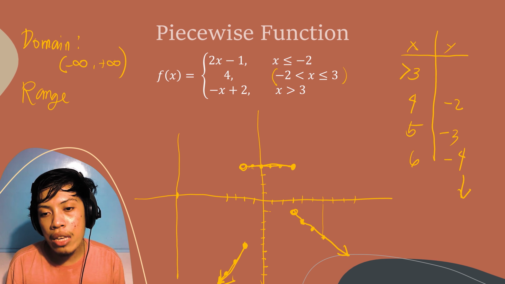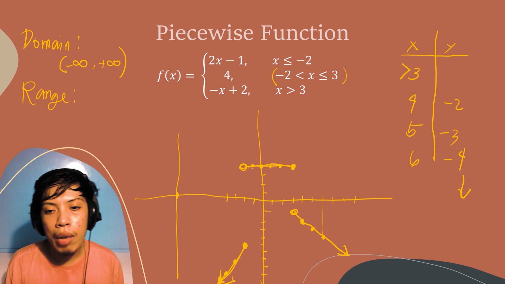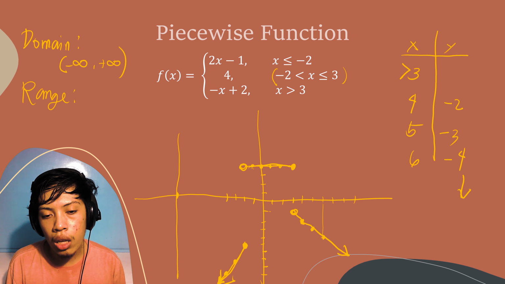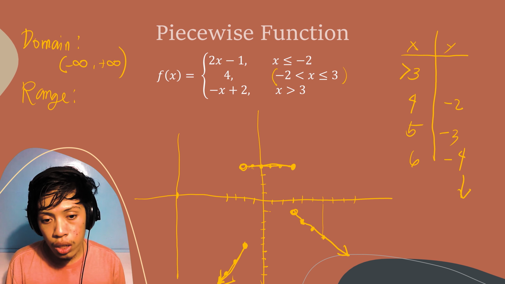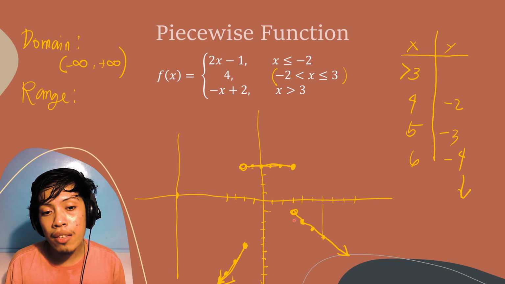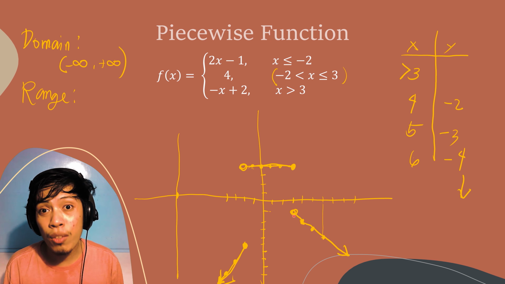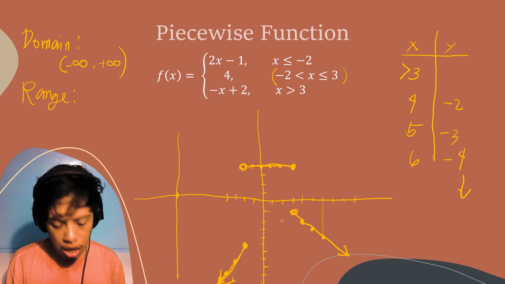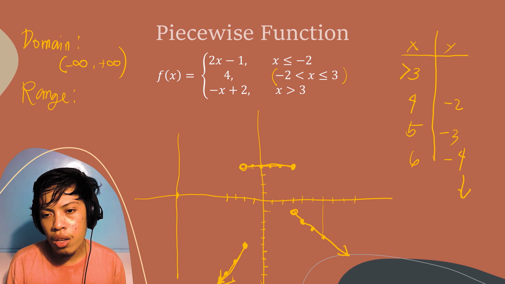Okay, how about the range? When you look at this one, on quadrant 3 and quadrant 4, the highest value is this, negative 1, but negative 1 is excluded because this is not a solid dot. This is just a hollow dot. Okay, so we'll define the range. This is y.